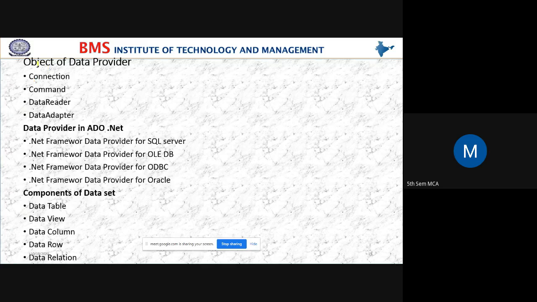There are four objects for the data provider in ADO.NET: connection, command, reader, and adapter. Yes, students, for the ADO.NET architecture, we have four objects of the data provider: connection, command, data reader, and data adapter.